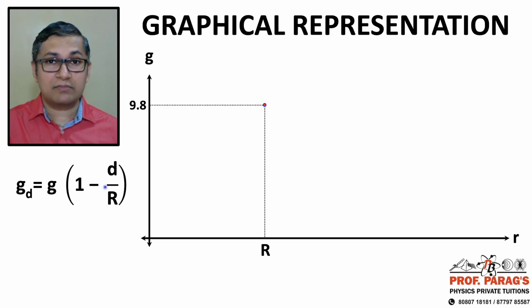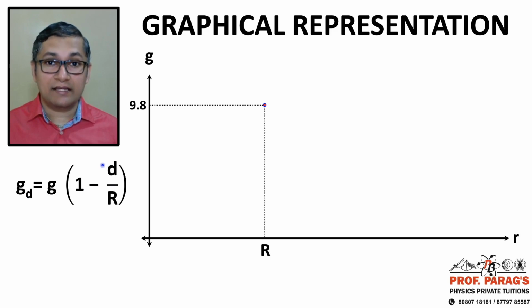Slowly, slowly, this number is going to become big. So 1 minus an increasing number, this whole bracket is going to reduce. And if this whole bracket is going to reduce, then what will happen to the value of gd? gd will now start going down.